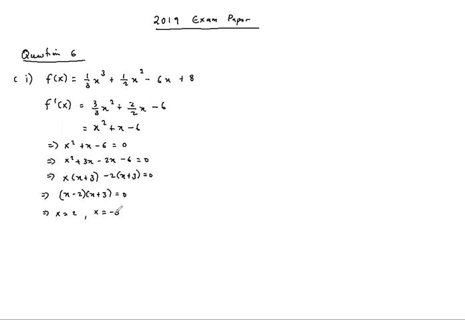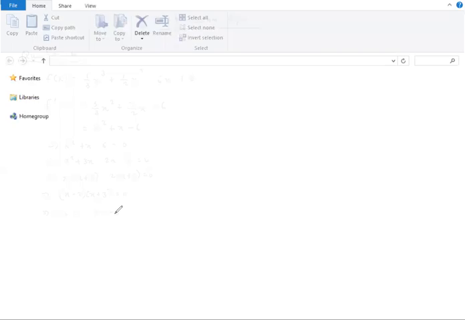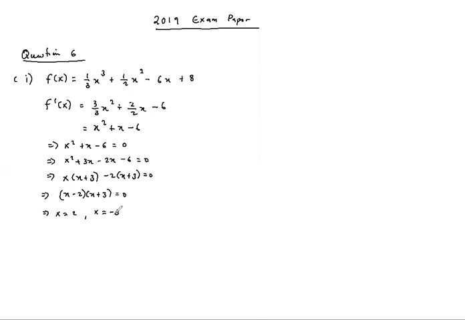Now from there, you pick them. You use these critical points, negative 3 and 2.